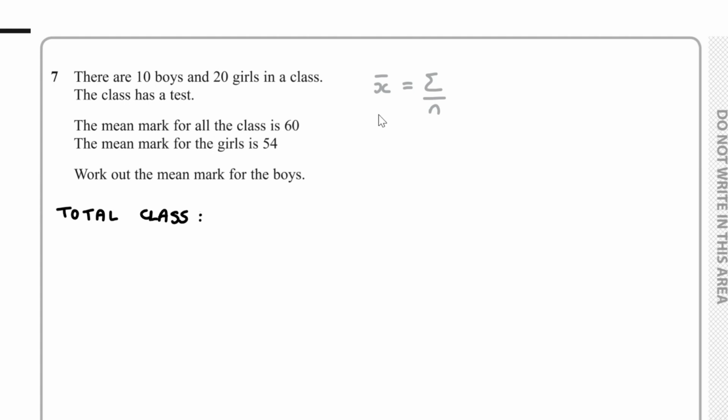So if we rearrange this equation, the sum of all the marks is equal to the mean multiplied by the number of pieces of data.